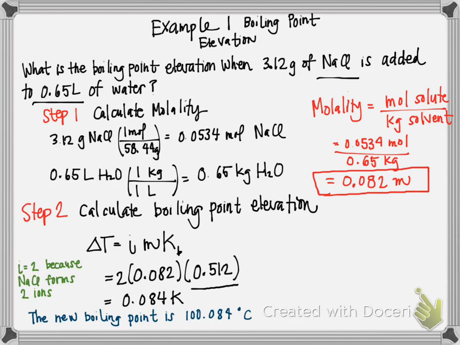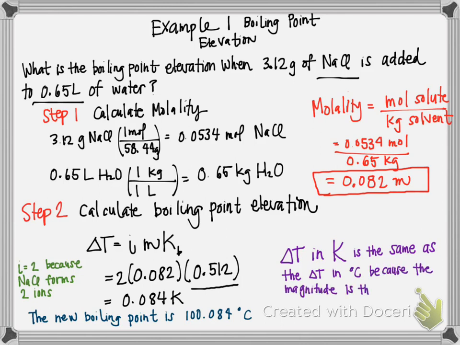So what I did is I just added the 100 degrees Celsius of pure water plus the 0.084 to calculate the new boiling point. Now, remember that the change in temperature in Kelvin is the same thing as the change in temperature in Celsius because the magnitude between Celsius and Kelvin are the same.